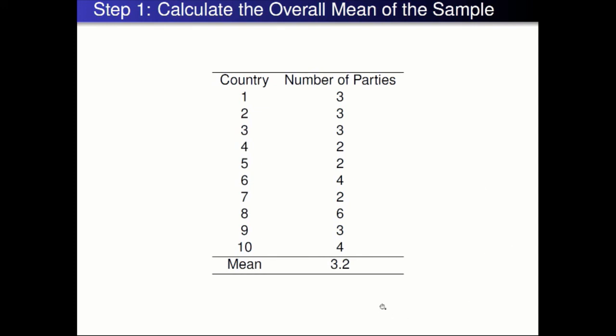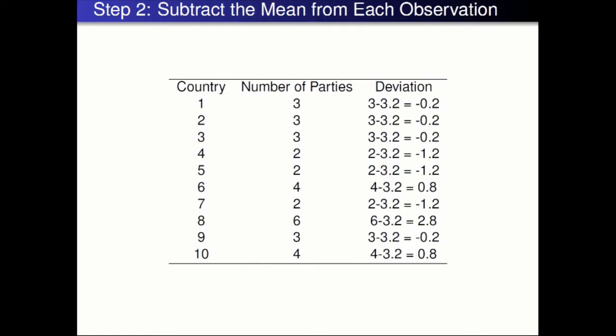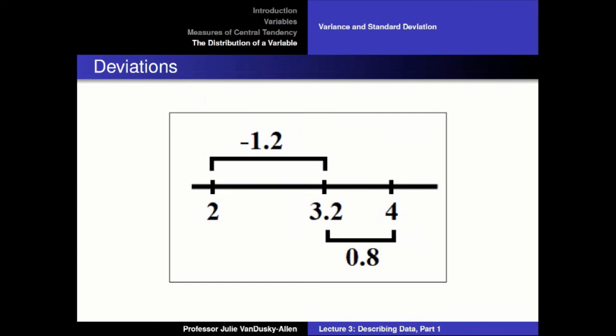The mean number of parties was 3.2. Then we subtract the mean from each observation. 3 minus 3.2 is negative 0.2. 3 minus 3.2 is negative 0.2, and so on. What this is doing is showing us by how much observations are deviating from the mean.